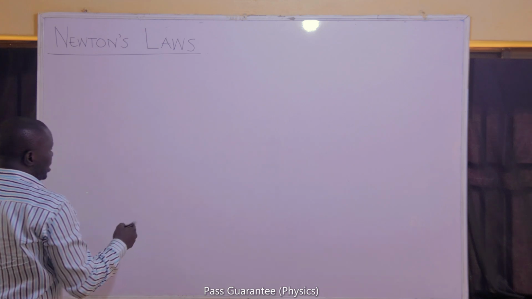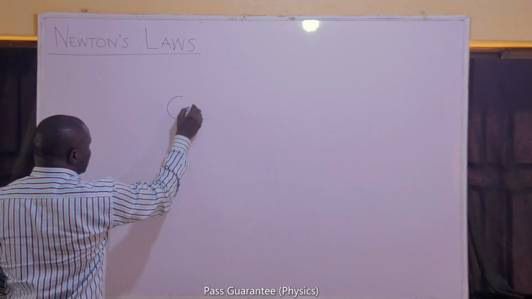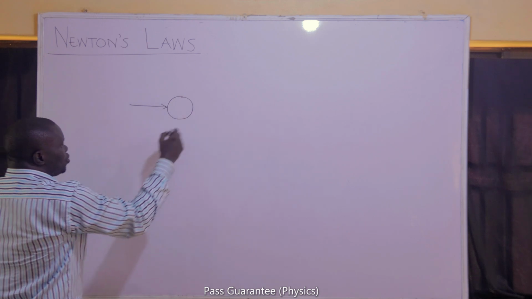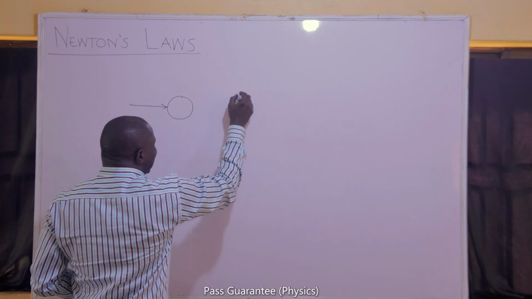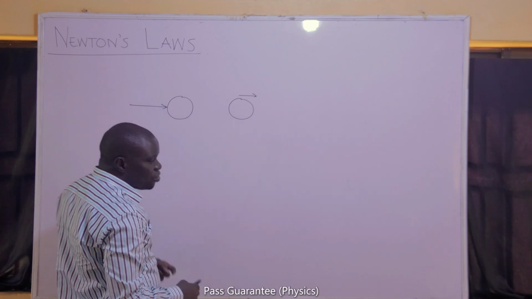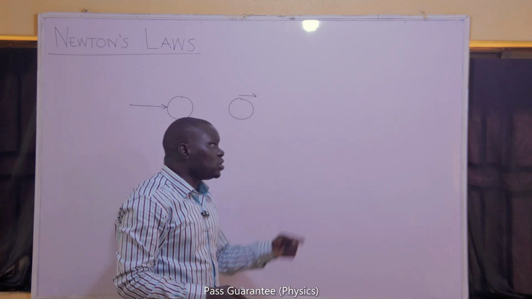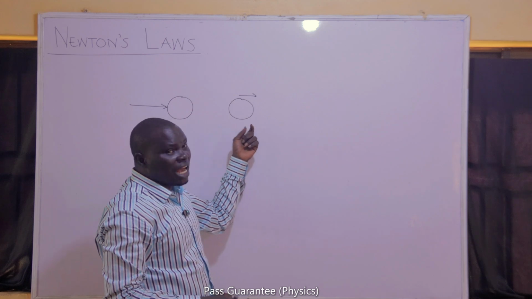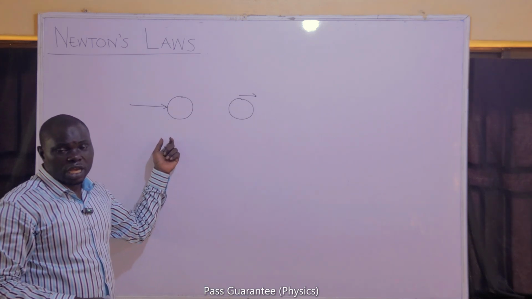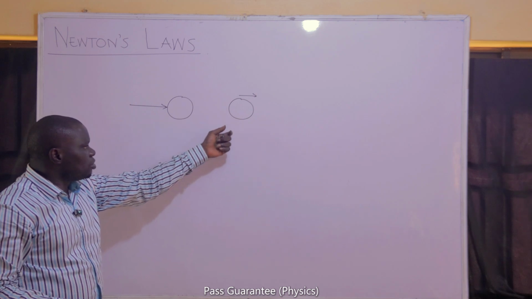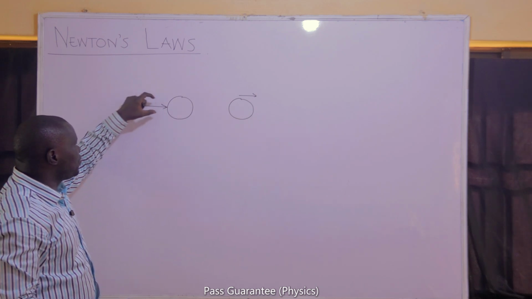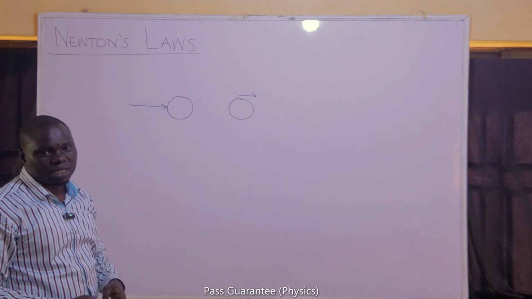That means if I have an object that is not moving and I choose to exert a force on it, it will now start to move in the direction of the applied force. And I hope you know that once it starts to move, it now has a momentum. Before, while it was at rest, its momentum was 0. So now there's a change in the momentum that has been imparted on that object simply because there's a force being exerted on that object.